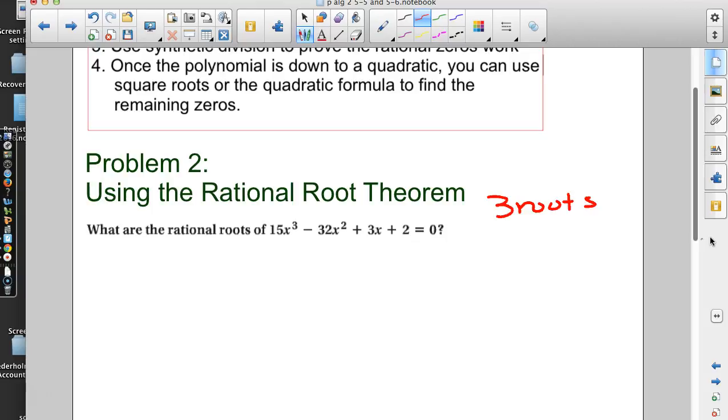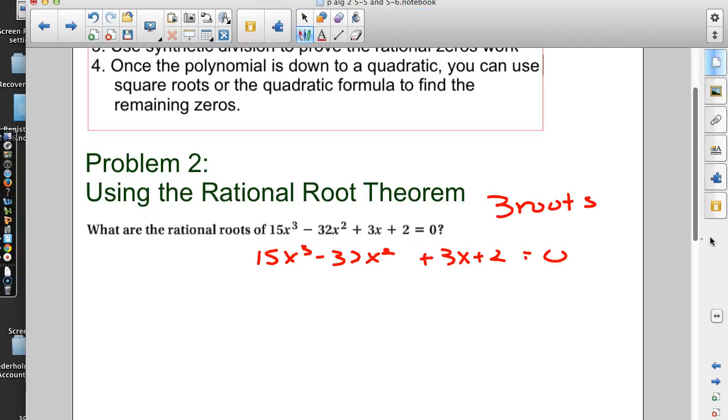Second step, I would actually try factoring this first, because if we can factor it, that's the easiest way to get the zeros. But this one has 4 terms, and the only way I know how to factor stuff with 4 terms is factoring by grouping. I already checked, there's no greatest common factor.